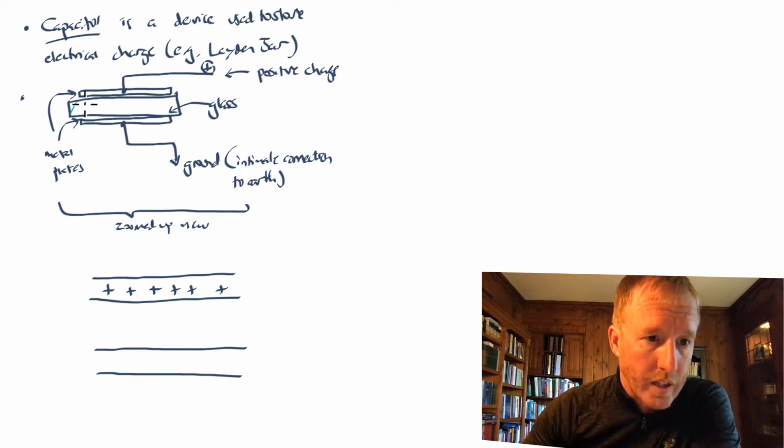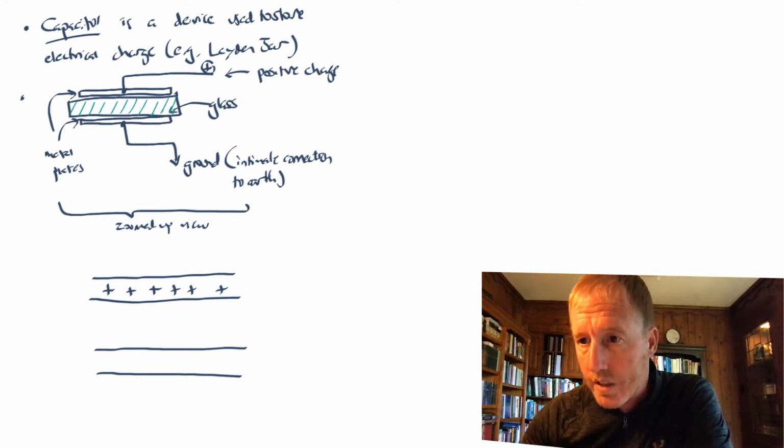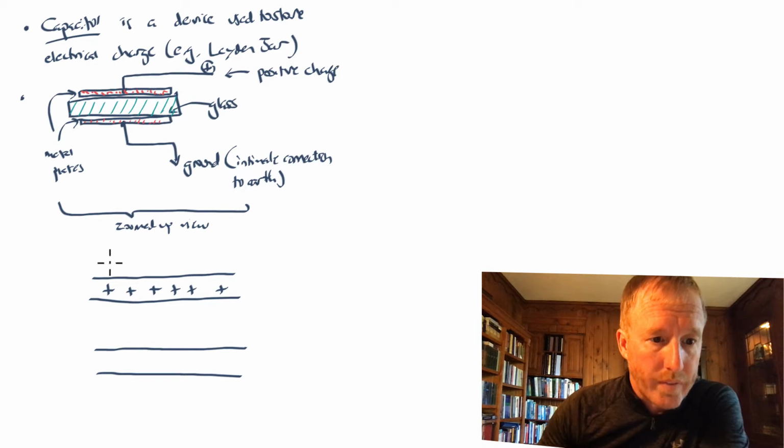I'll color the glass blue, and the metal plates, let's make them kind of a shiny reddish color. So the metal plates are red and the glass is blue. This is the metal plate that has positive charge on it.